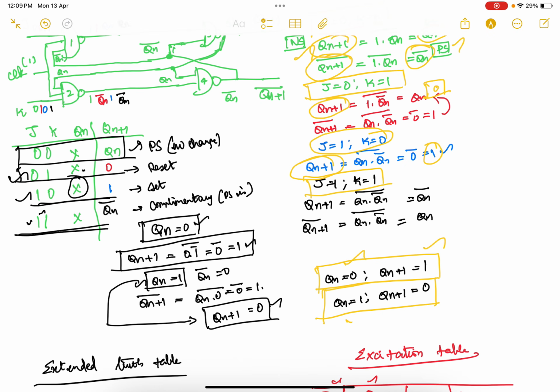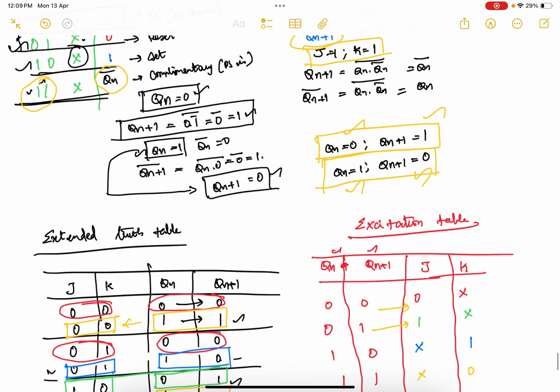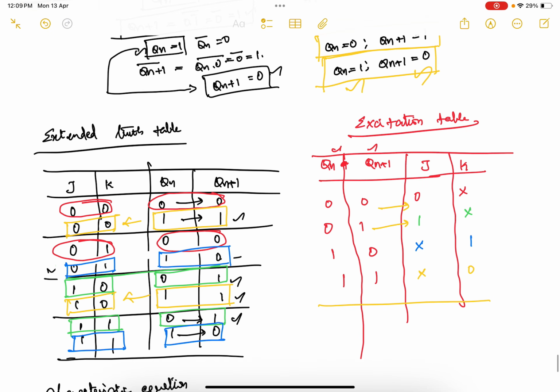So 0 means 1 and 1 means 0, which means that your present state is becoming complemented. So we write that for the 1 and 1 condition, your present state is getting complemented. When you write the extended truth table, you will get the extended truth table which I have shown here.